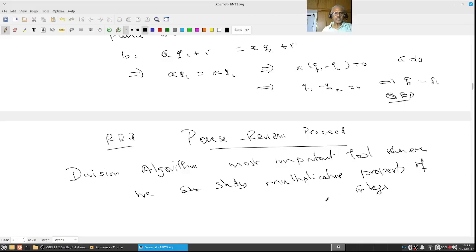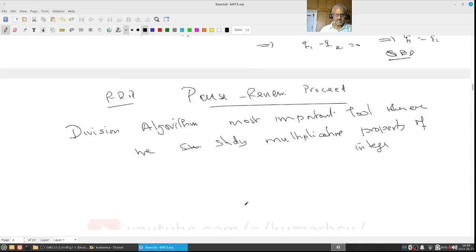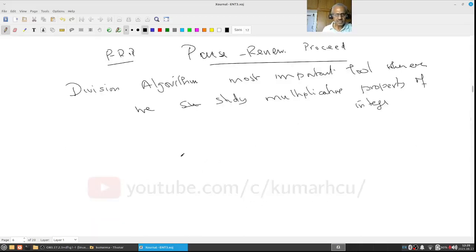That is, we are talking about divisibility, factors, etc. This is the one. Let us go slow. I will give some very simple minded 5 or 6 applications. Let us start with the first application.